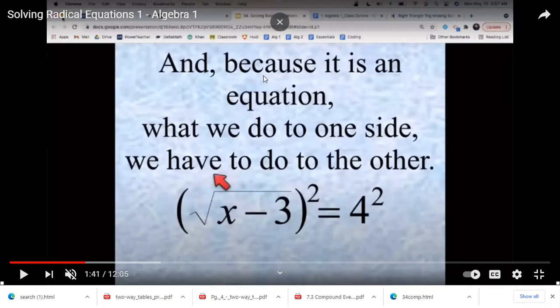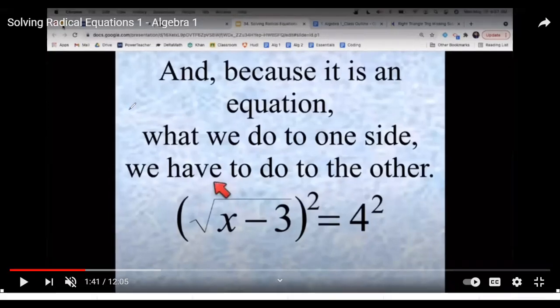Because if you have square root 3 multiplied by square root 3, it will be how many? 3, right. Without the radical sign.